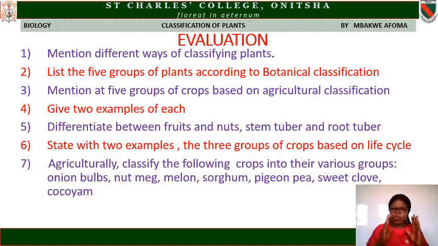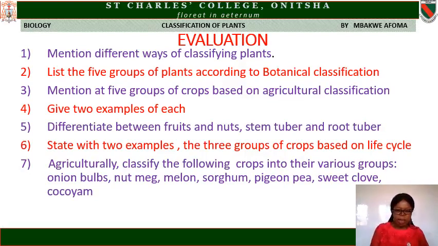Mention just 5 groups of crops based on agricultural classification. Then give 2 examples of each. Number 5, differentiate between fruits and nuts. Also between stem tuber and root tuber. Then number 6, state with 2 examples the 3 groups of crops based on life cycle.